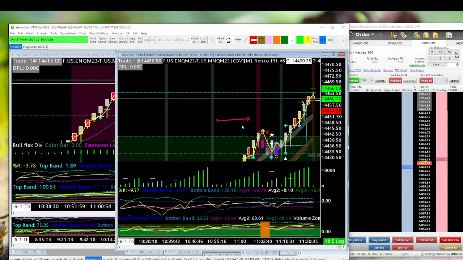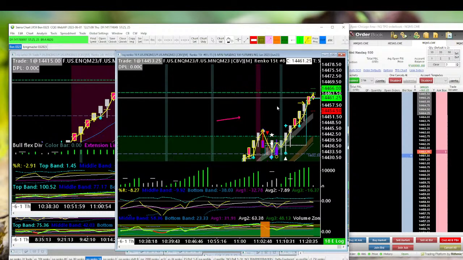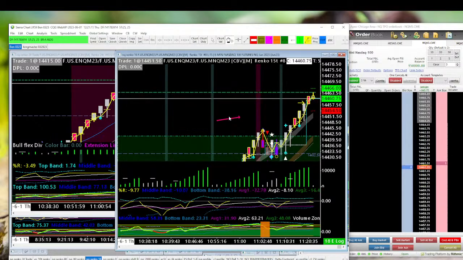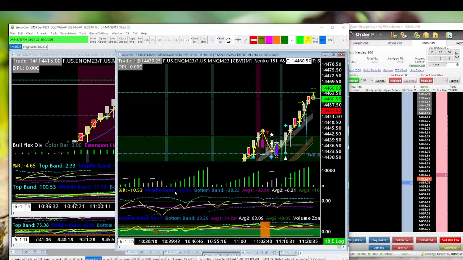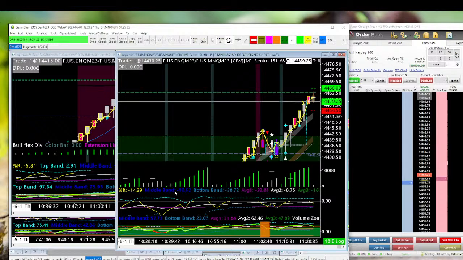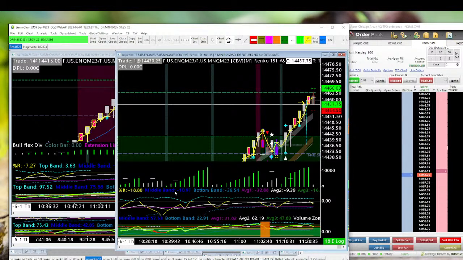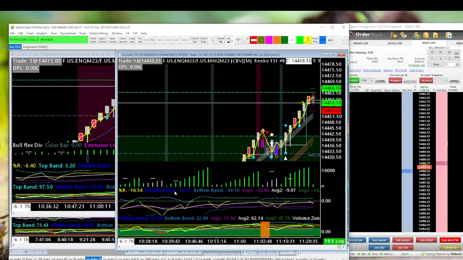All those same patterns are right here on the DOM too. It's just faster. So it's all fractal. If you know what a trending market looks like, it's just a matter of learning where to look and what you're looking for. But the theory is all the same. It's all just auction market theory, just on a smaller time frame.